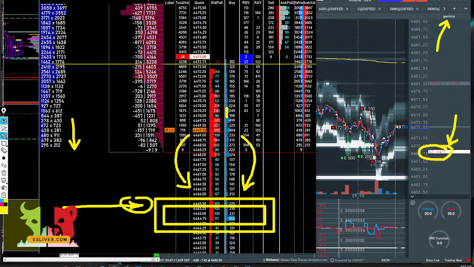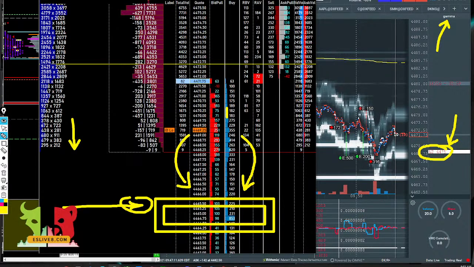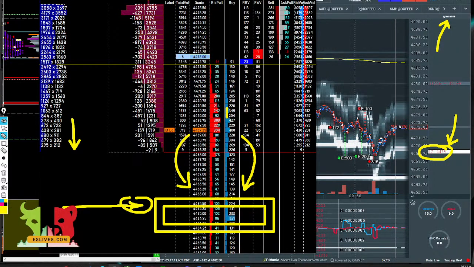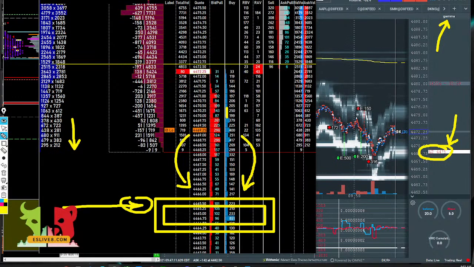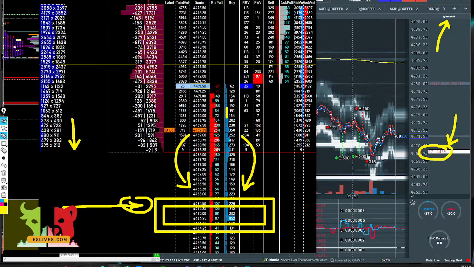Digital Turbines coming to 50, baby. Digital Turbines, APPS, coming to Papa. Boeing coming to Papa, 219s. I want Boeing again at the 215s, guys. I want Boeing on 215s again. Coming to Papa. After being positive for the day, FAS, our financials, going negative.